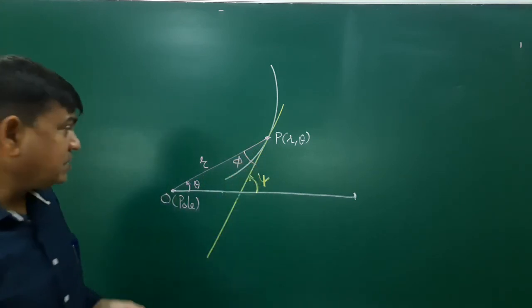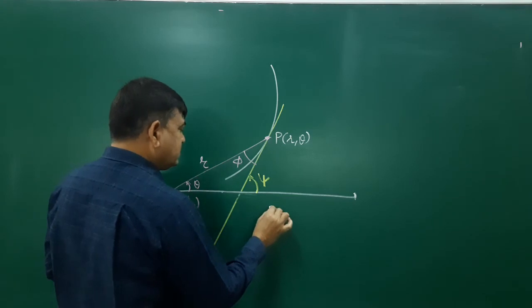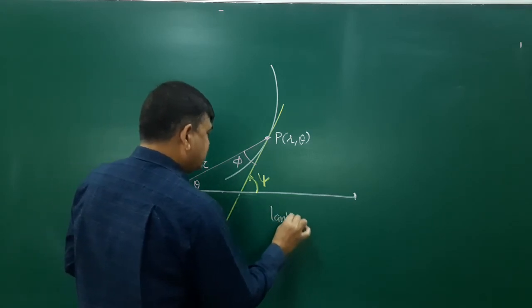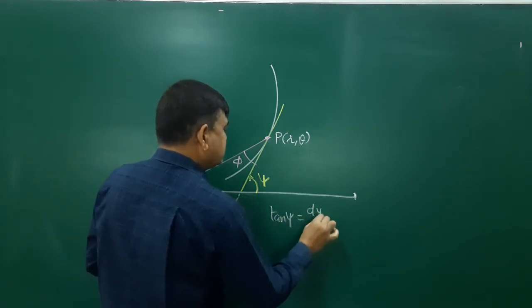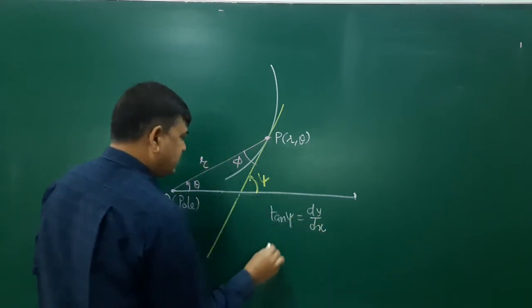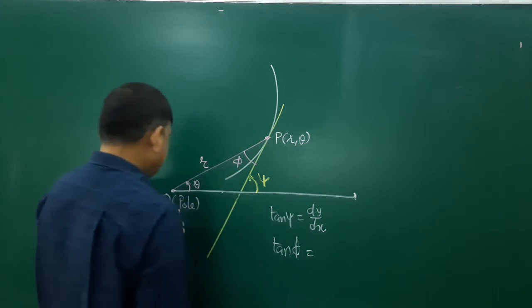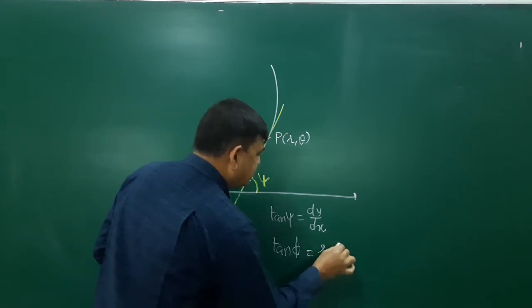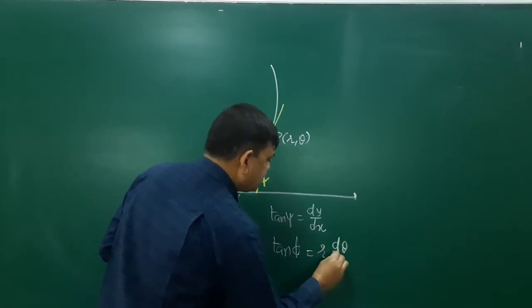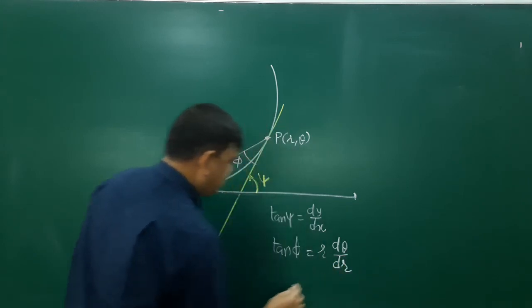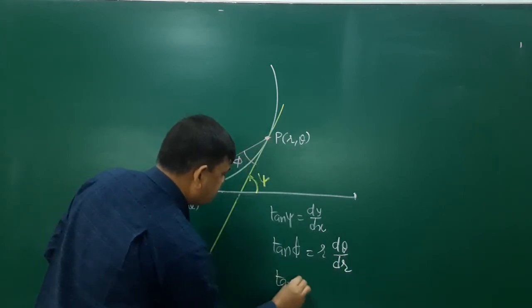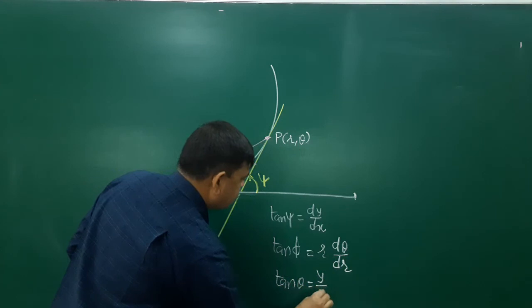So there are two results. Remember, one is tan psi, that is dy by dx, and tan phi. Tan phi is r d theta by dr, and tan theta, that is y upon x.